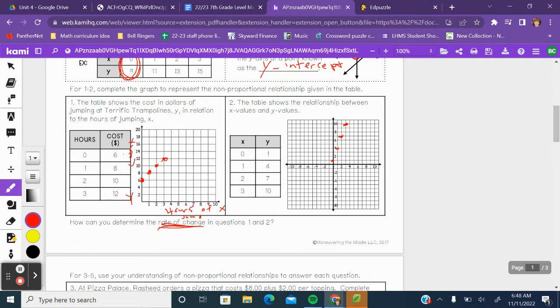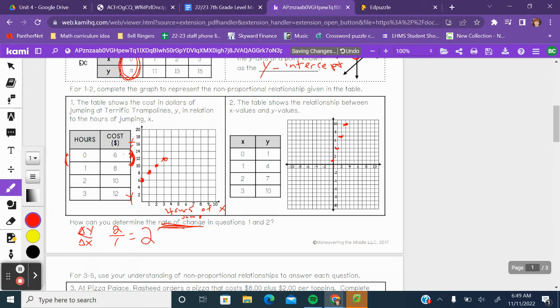Well, $2. The rate of change is the change in Y over the change in X. So I see here that I jumped up 2. So I put the Y on top. And I jumped up here 1. So my rate of change is 2.